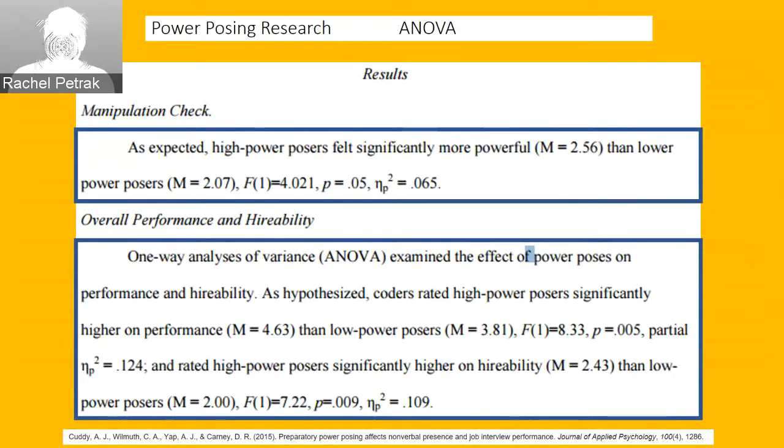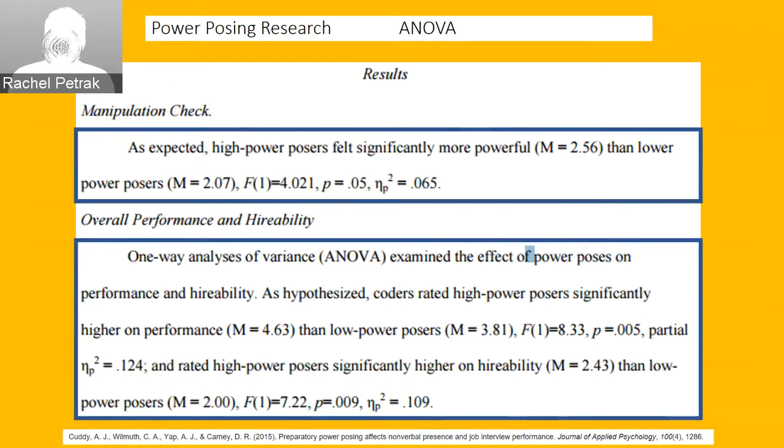And you can see over here, more powerful than the lower power posers. These are our second group, and their mean is in here. It's also notable that they described this sentence by stating the direction of the relationship. They didn't just say power posing has an effect on feelings of power.